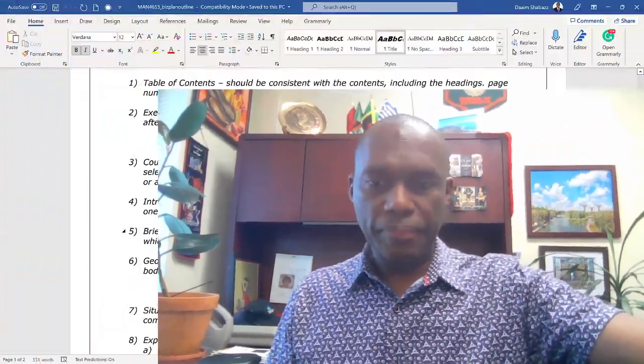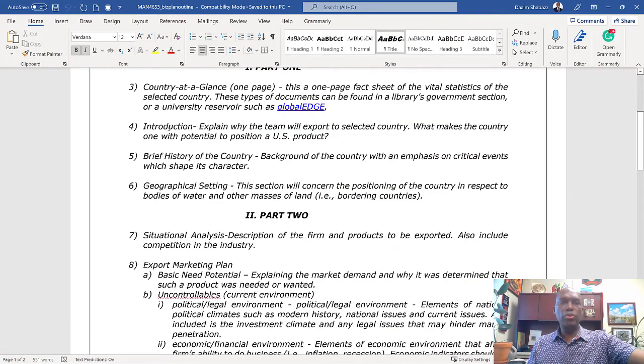What are some of the other things that you'll be doing? So you'll actually do an introduction of why essentially you chose this country. What makes the country one with potential to position a U.S. product? There's a reason you chose the country that you chose, and you will articulate that in the introduction.